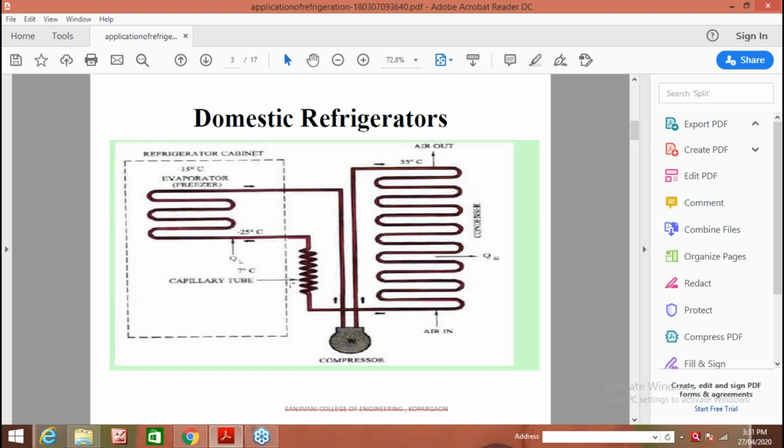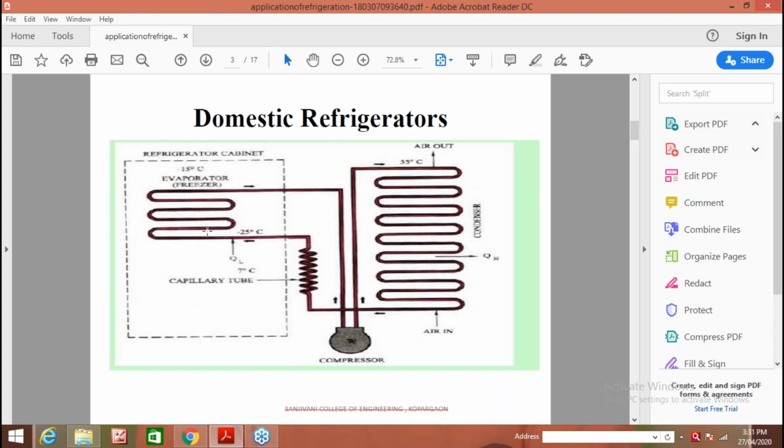In a domestic refrigerator, a capillary tube is used for expansion. What is the function of the capillary tube? It reduces the pressure of the liquid refrigerant coming out from the condenser. Clear? So these are the basic components of a basic refrigerator.